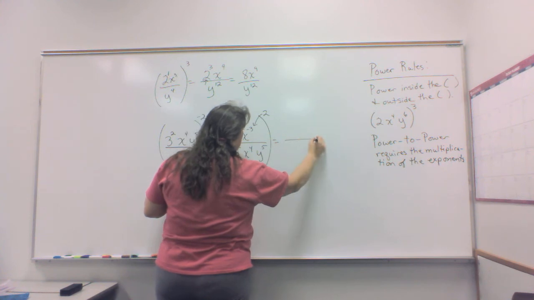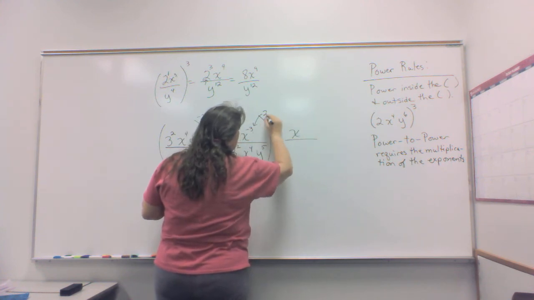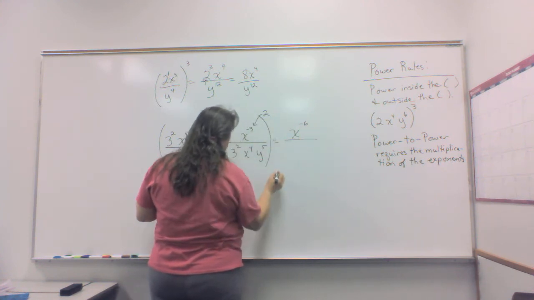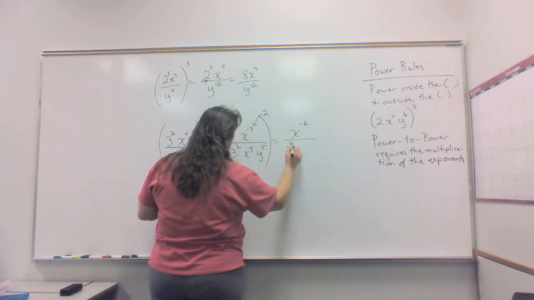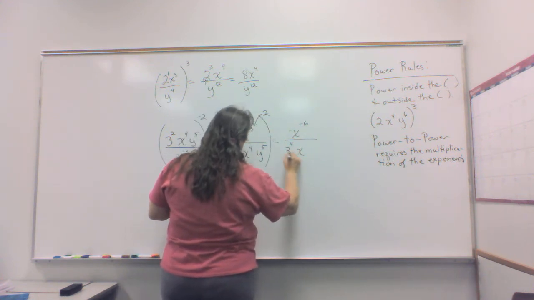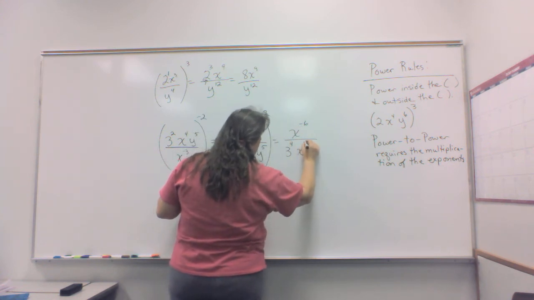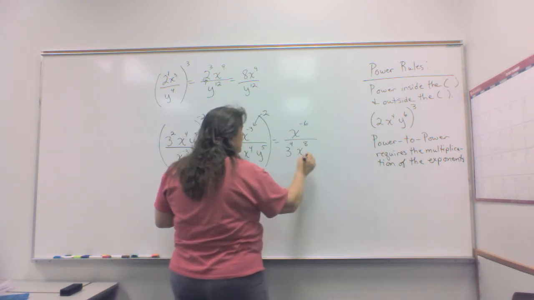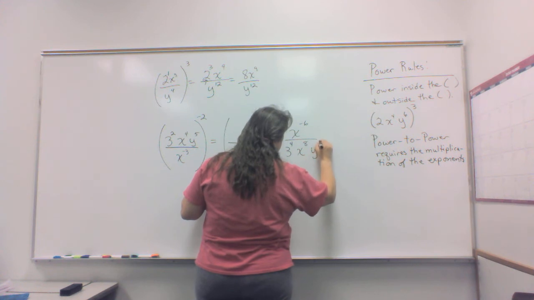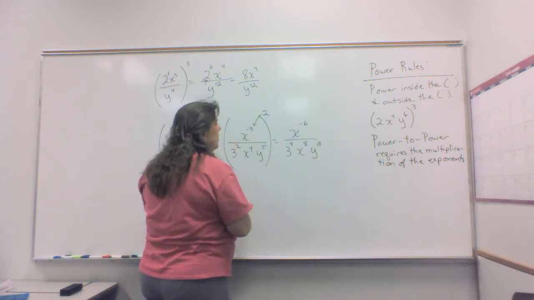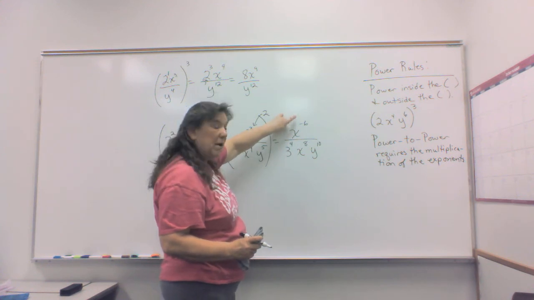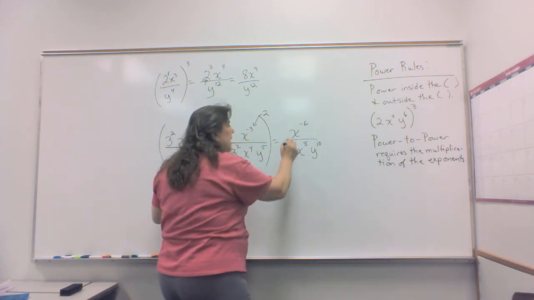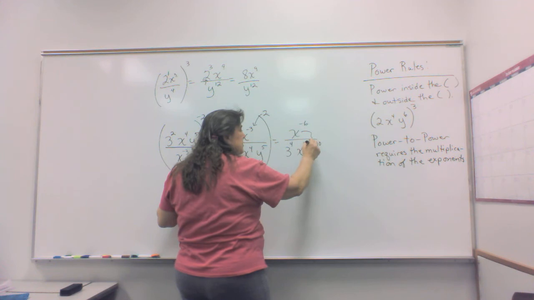So this will be x to the negative 3 times 2, which is negative 6, 3 to the 2 times 2, which is 4th, x to the 4 times 2, which is 8, and y to the 5 times 2, which is 10. Now, notice I have a negative exponent up here. I can make that a positive exponent by flipping it down to the denominator.